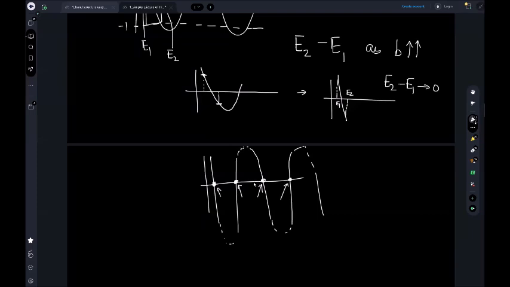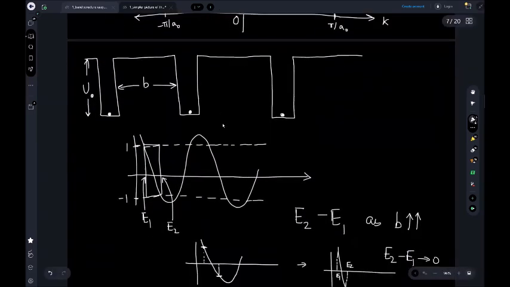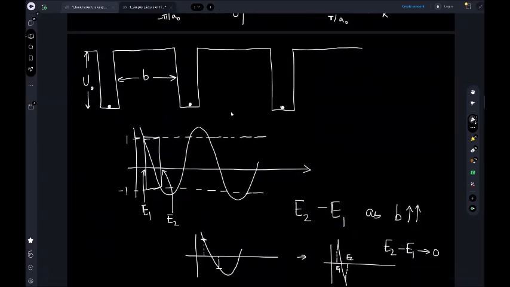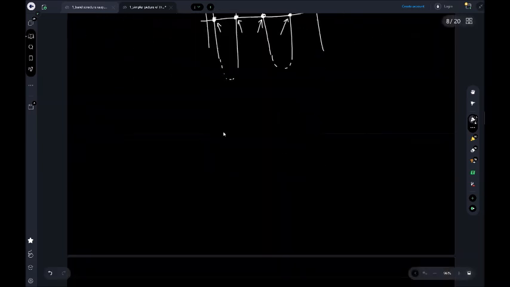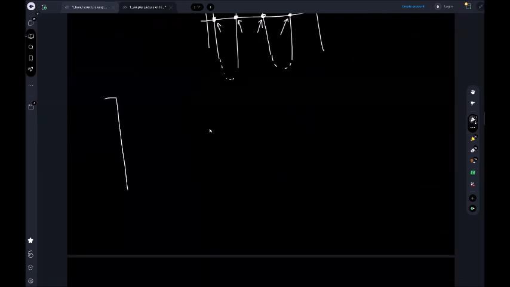As we are increasing the separation, the atoms are acting as if they are independent of each other. One atom now has less influence on the other, and the same thing happens if we increase U naught. If we were to increase this potential, a similar thing will happen, equivalent to increasing the separation between atoms. Let's say U naught is very large.